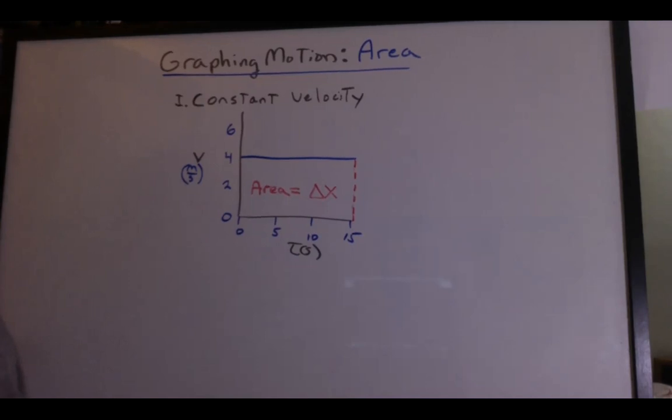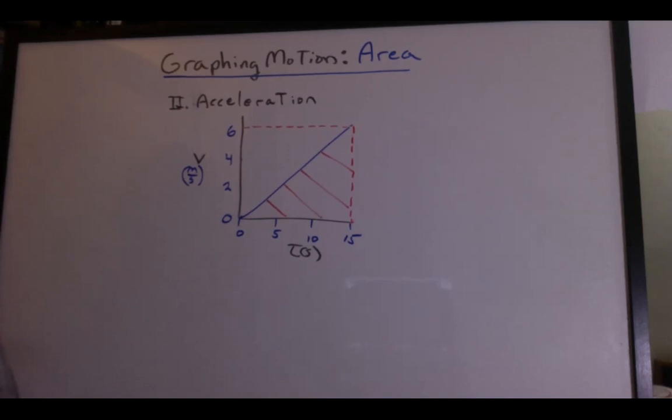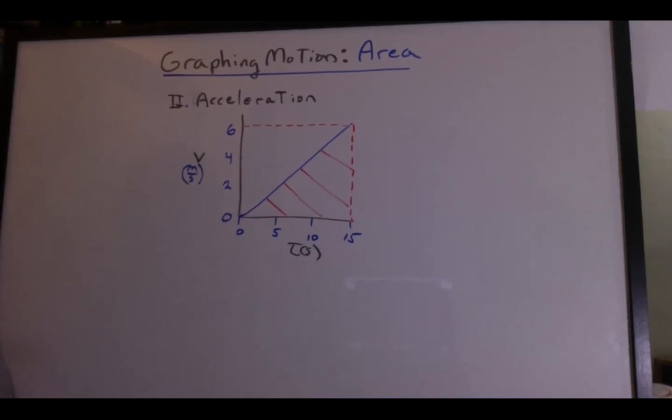What if we have an acceleration? Here we have an object starting from rest and increasing speed up to 6 meters per second in 15 seconds. What's the area under that graph represent? It'll still be a distance, how far we've gone. But now we're only talking about the area of a triangle.